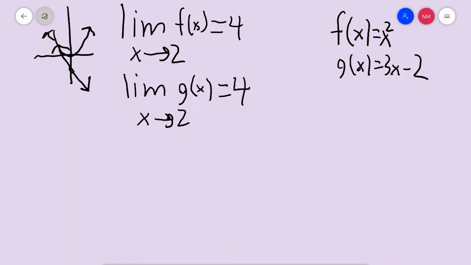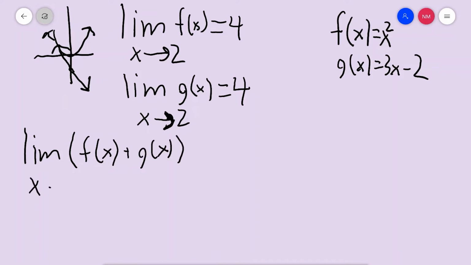Now, let's say I wanted to find the sum of these two limits. So I would write it like this. The limit of f of x plus g of x as x approaches 2. So then to solve this, first I would split apart the limits.